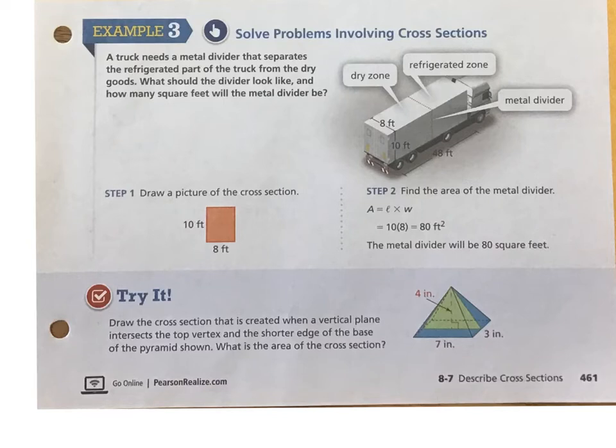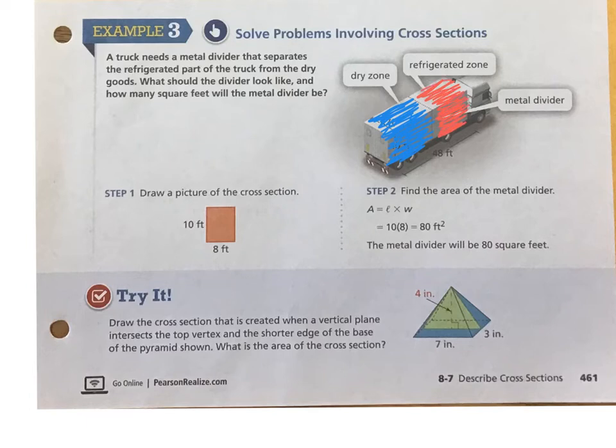The dry zone is going to be the back part of the truck, right here. And I'm going to move my coloring in just a second. While the refrigerated zone is going to be up front.